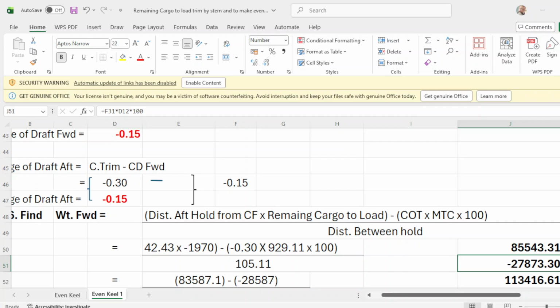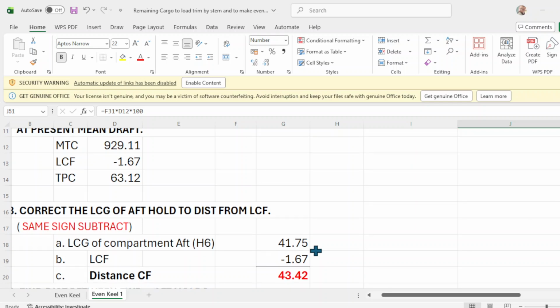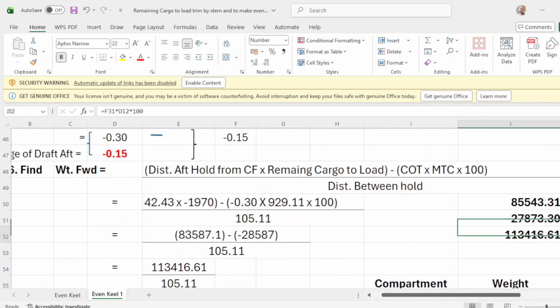What is your MTC? It should be 929.11. MTC is D12, D and 12. D12 is 921.11 times 100. Then you press enter, okay? So this value, you put it here.